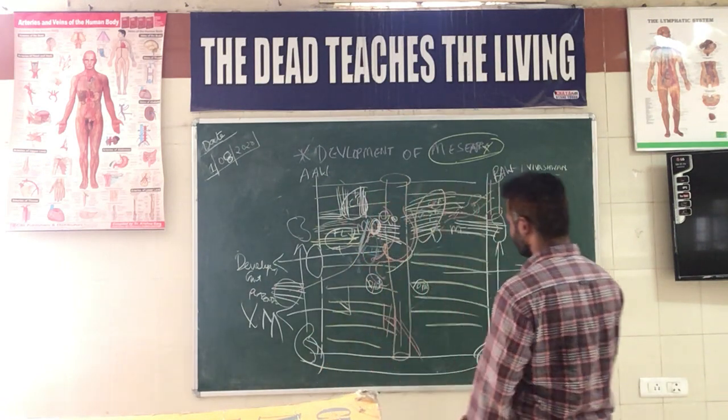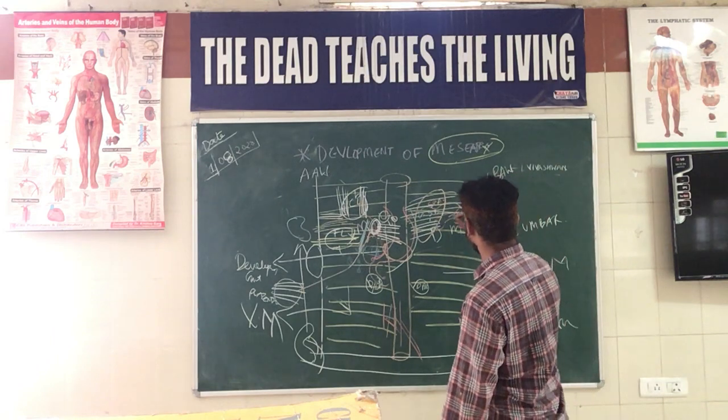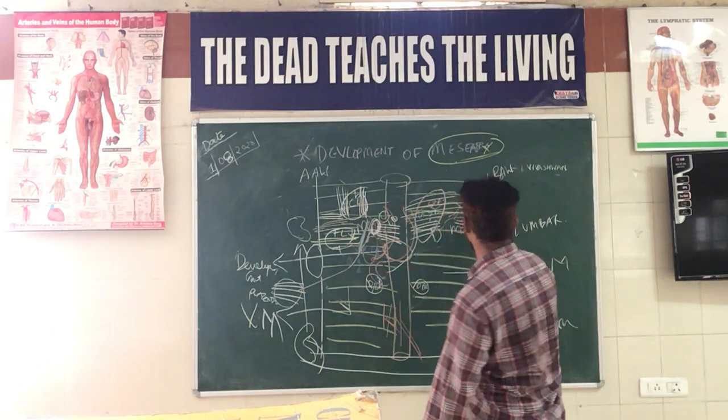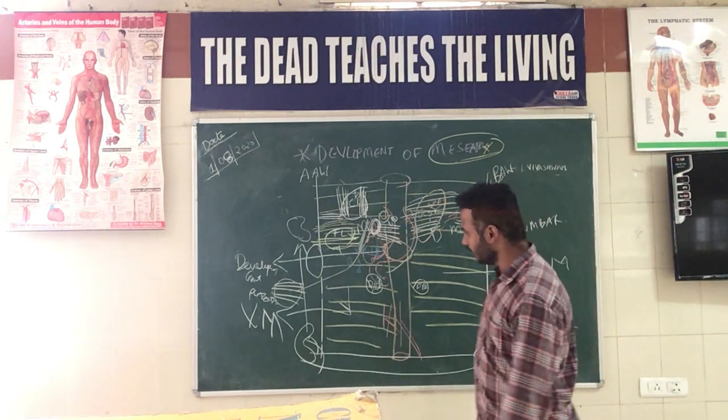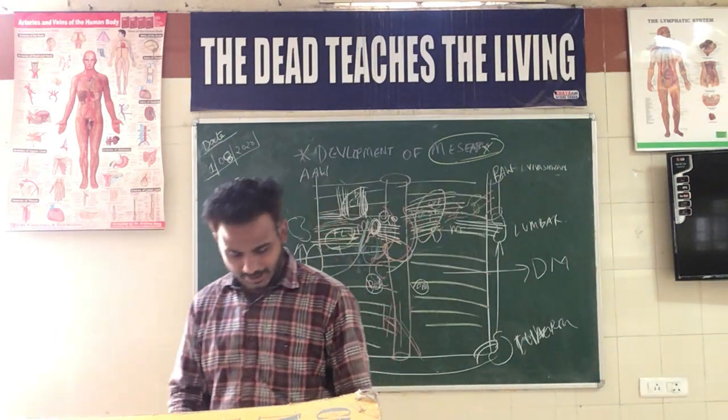So we have discussed the spleen and the liver and the kidneys, the ascent of the kidneys, and one more thing which I would like to discuss is the pancreas.